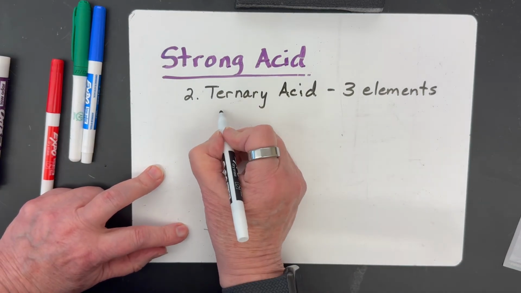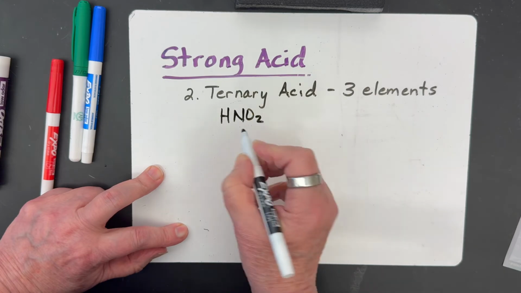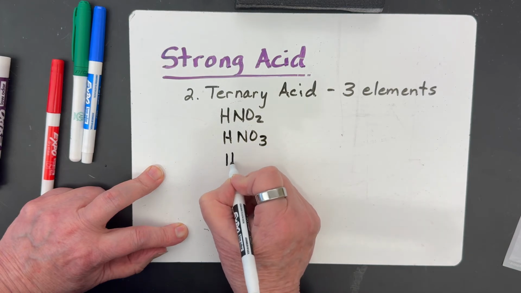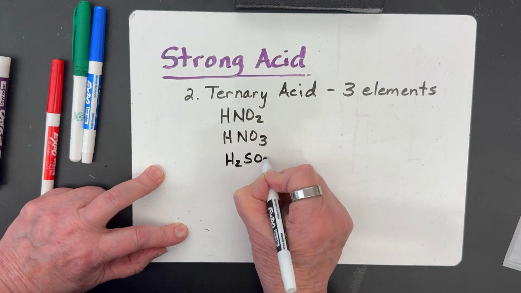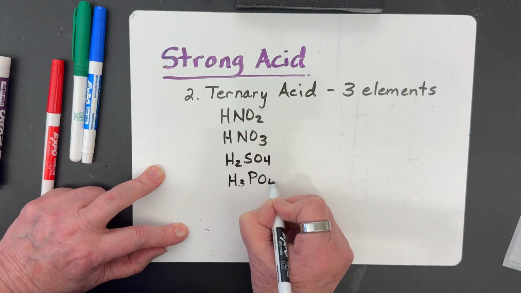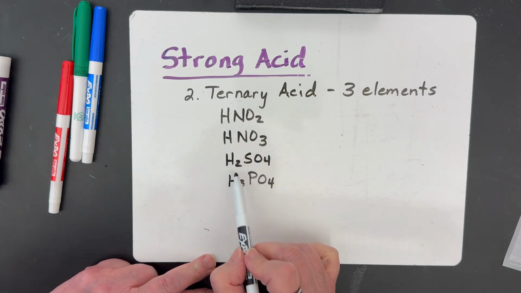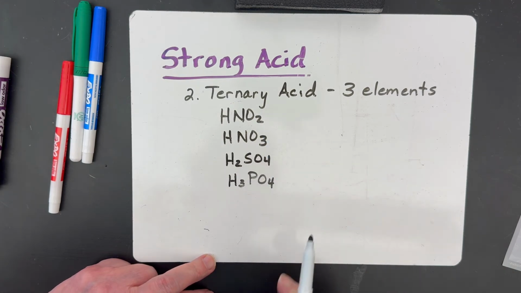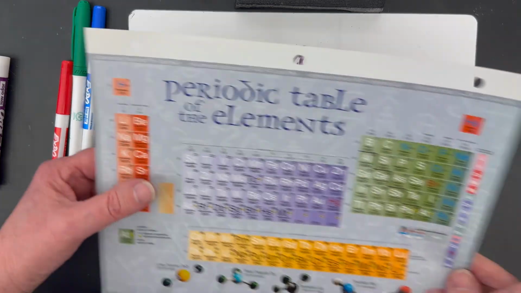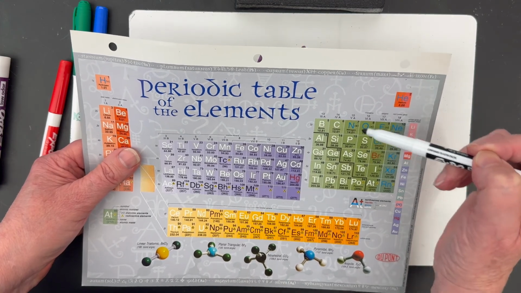So let's look at some different acids. Let's say we have HNO2, HNO3, H2SO4, H3PO4. That should be enough to show us what we need to do. So notice they all have a hydrogen in the front, they all have oxygens at the back, and the middle element is going to be one of these: nitrogen, phosphorus, sulfur, one of these middle guys right here.